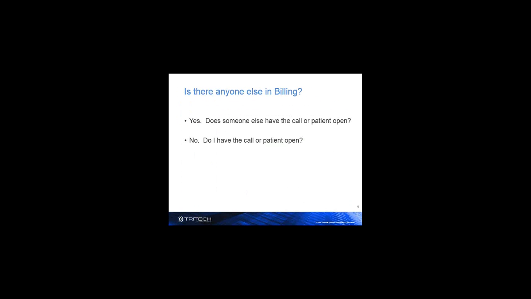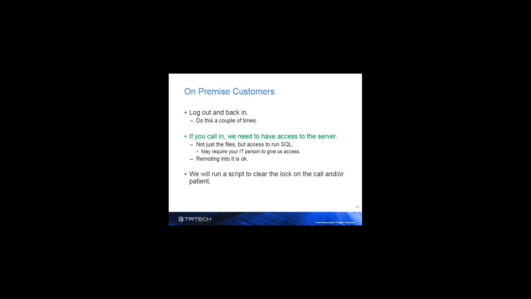Then we get into the on-premise customers. Like I said, you have your own server. So the first thing you want to do is log out and back in, and do this a couple of times just to make sure that it is locked and that you can't unlock it. If you do have to call in, make sure you have that terminal number with you.